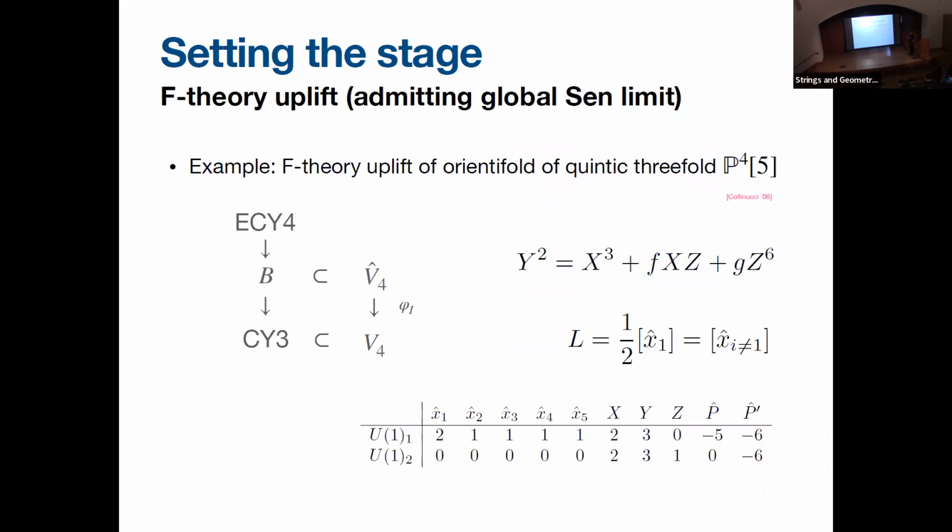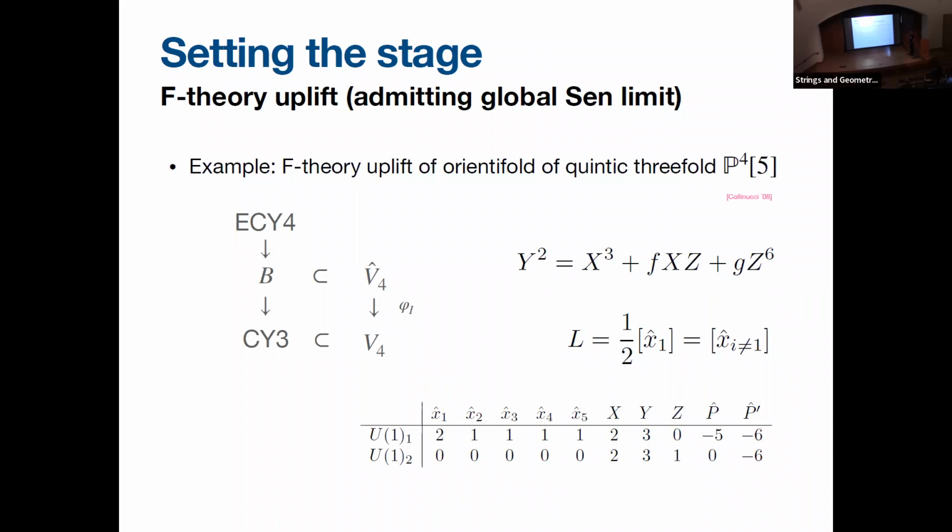And an example of an uplift of an orientifold, which I think was first written down explicitly by Collinucci, but maybe some aspects of it appeared in earlier papers, can be represented as follows. So this is the ambient space in the GLSM description, and then there's some Weierstrass model that's defined as, well, this should really be thought of as a complete intersection.